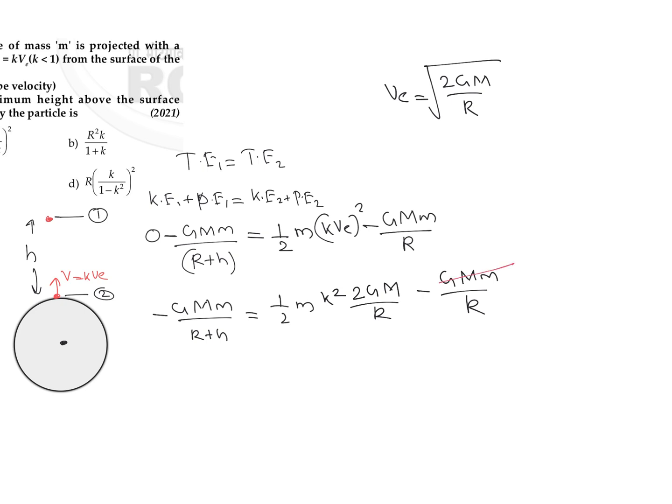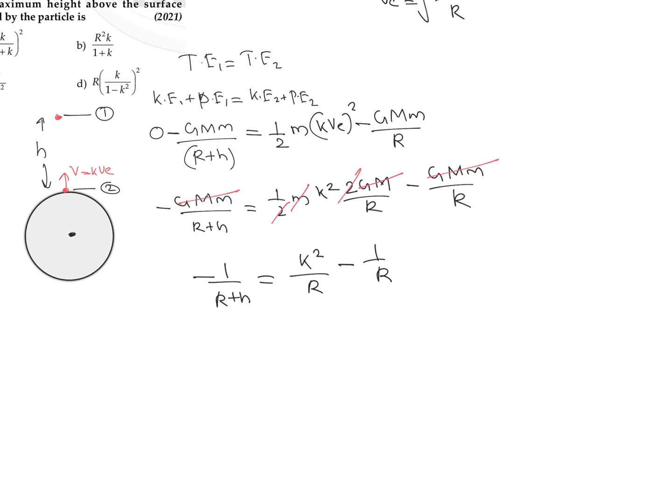The remaining thing is minus 1 divided by R plus h equal to k square, and this 2 and this 2 also cancel, so it is k square divided by R minus 1 divided by R.